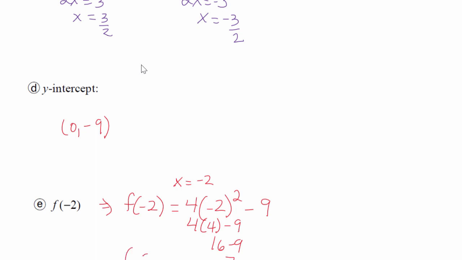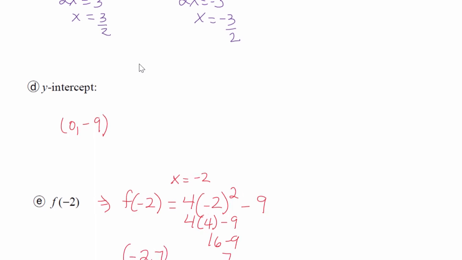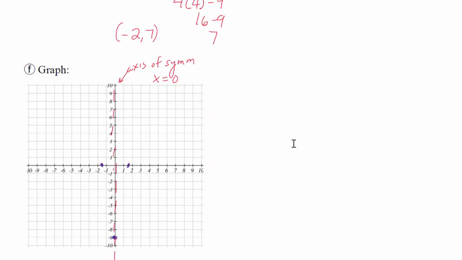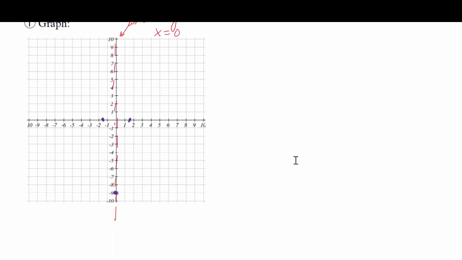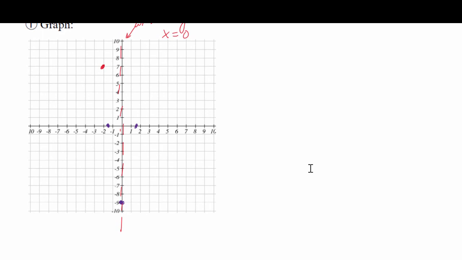So I have a point at negative 2, 7. So negative 2 and up 7. And of course, because this y-axis is splitting my parabola into 2 equal halves, that means there must be another point over here on this side at positive 2, 7. All right, I think we're ready to graph.